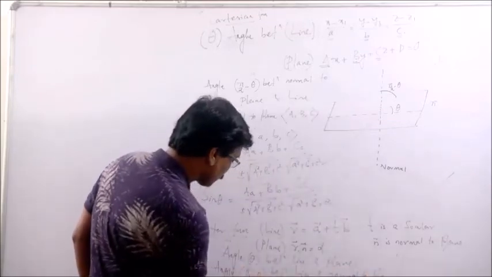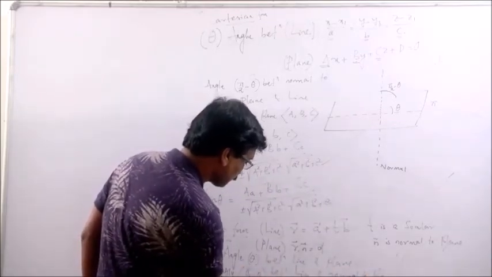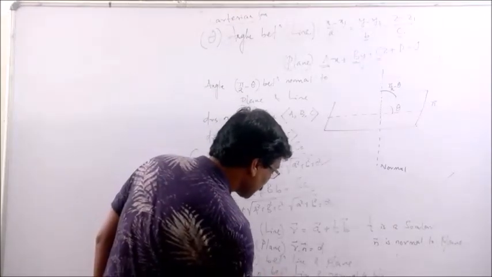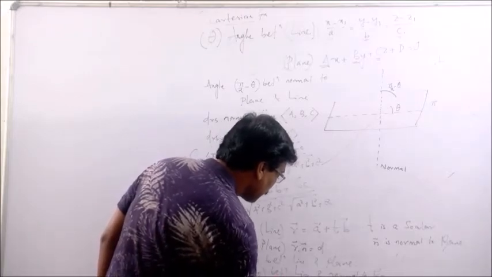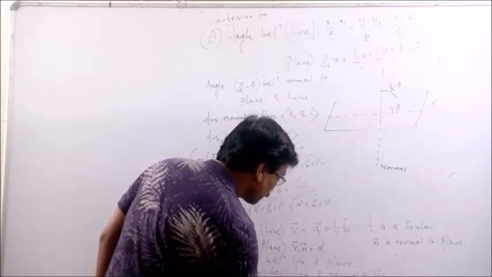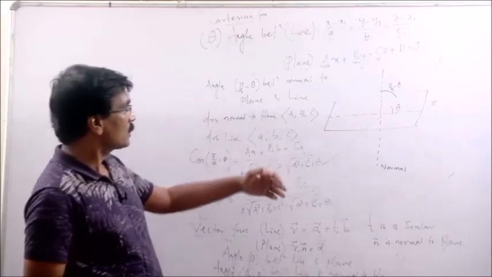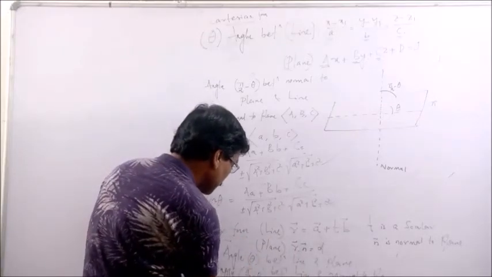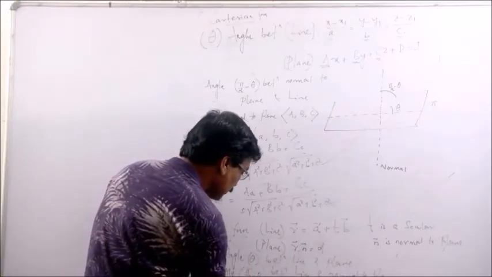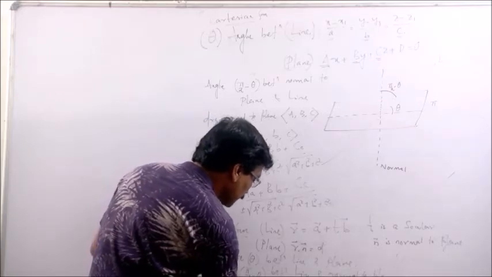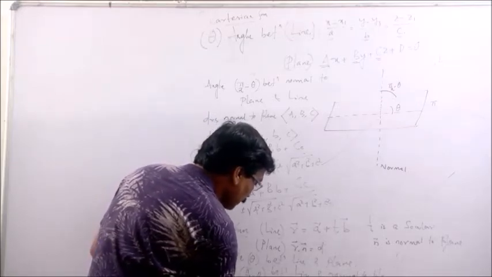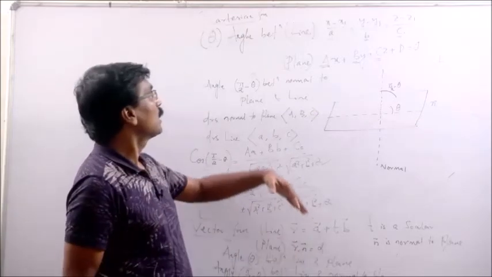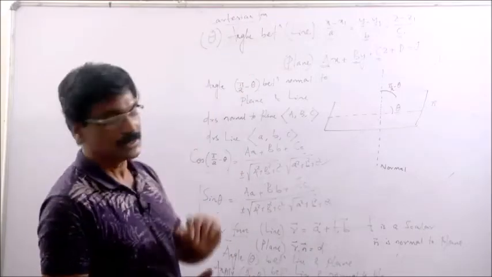So we have cos (90 minus theta) is equal to b vector dot n vector divided by magnitude of b vector, magnitude of n vector. So, this is the angle between line and normal to plane, or rather we can represent it as sin theta is equal to b vector dot n vector divided by magnitude of b vector, magnitude of n vector. So, this is in vector form and the previous one in Cartesian form.